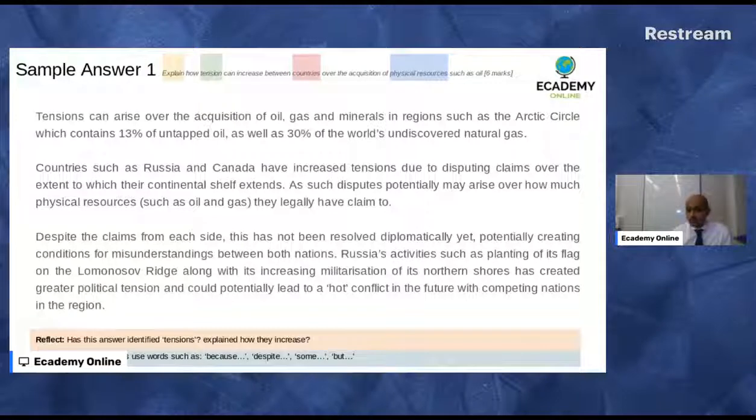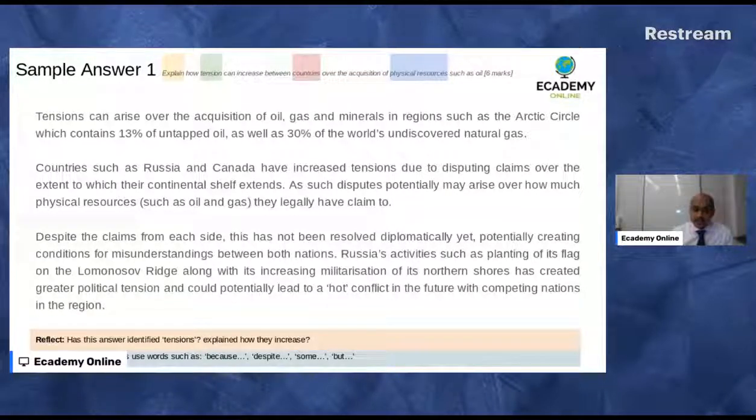So you could have mentioned maybe a specific example of militarization. For example, now Russia can land its fighter jets in these extremely cold environments, which the Americans definitely can't do. And I don't think the Canadians have an air force that could match or have enough firepower in comparison to the Russians.